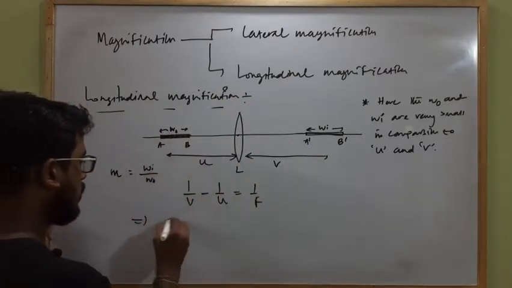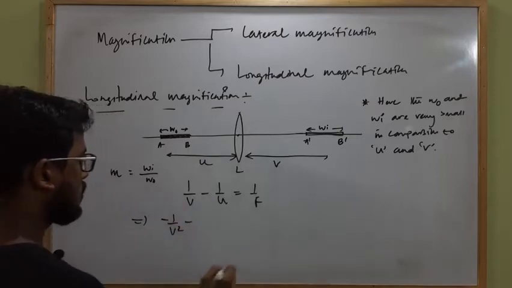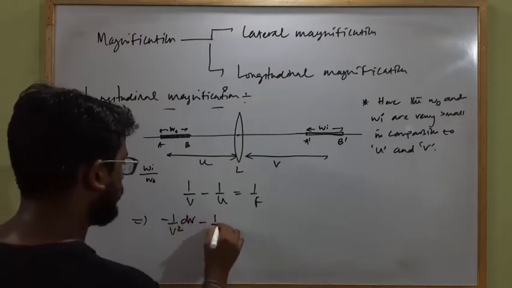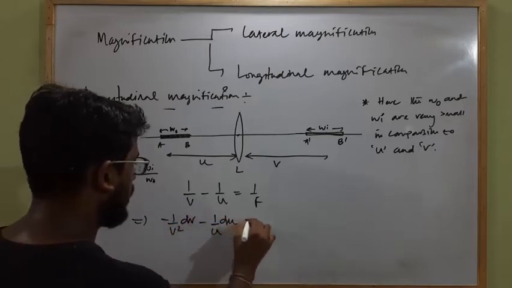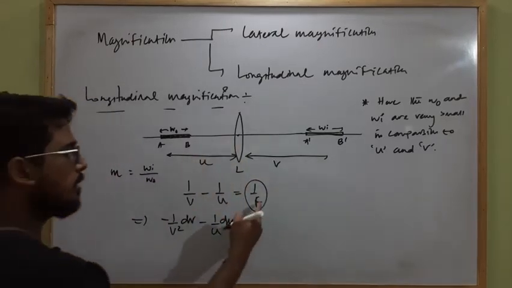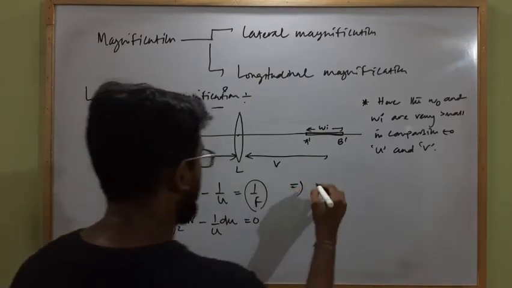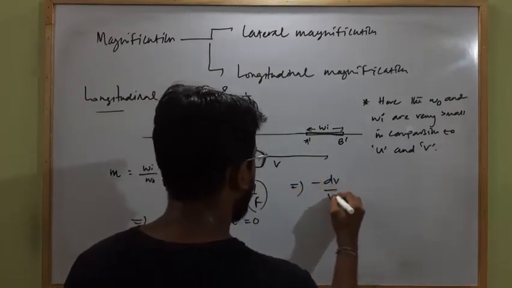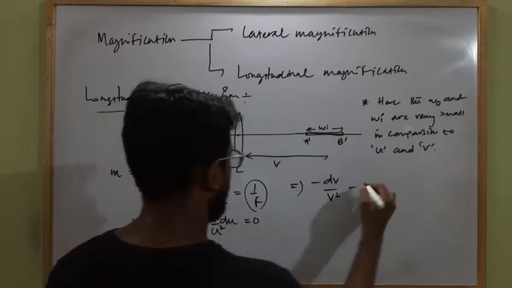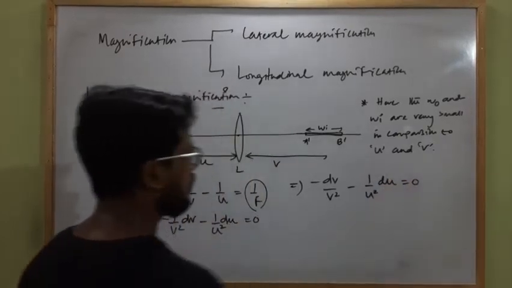So differentiating both sides, it will be minus 1 by v square into dv, minus 1 by u square into du, equal to 0, because the focal length of the lens remains constant. So differentiating it will be 0. So this implies we will get minus dv by v square minus 1 by u square du equal to 0.